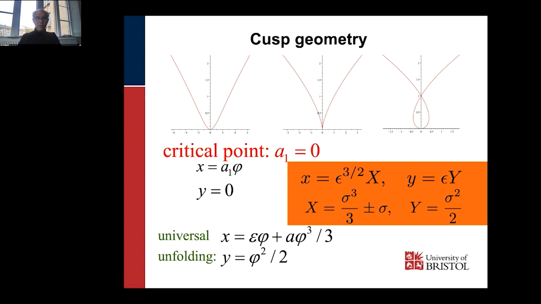Two different functions, one for epsilon negative before the singularity, one valid after the singularity. And here again, in the scaling, you see that the typical width of this solution is epsilon to the 3/2. Here is again our characteristic exponent, which reappears in the similarity description.